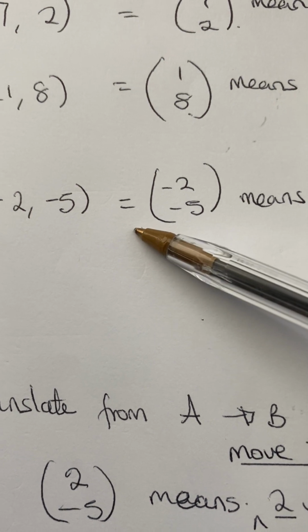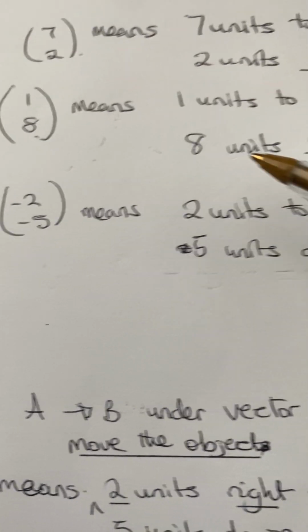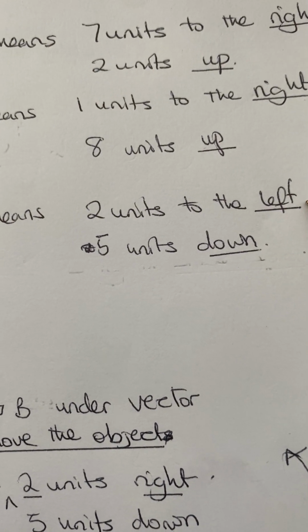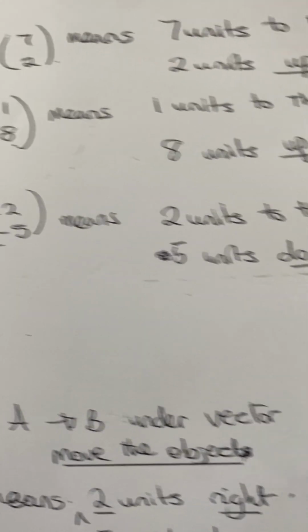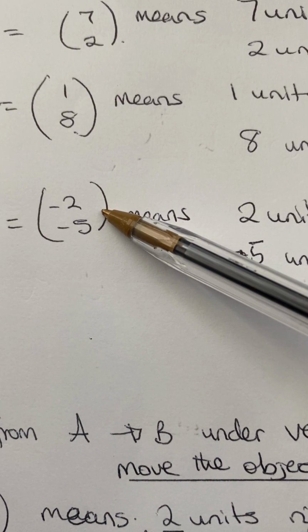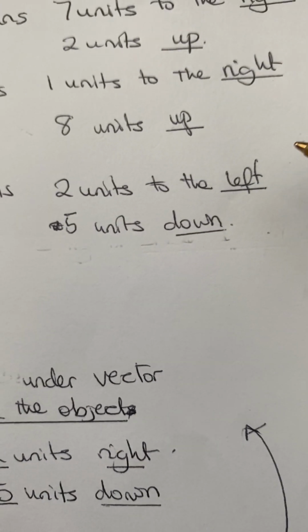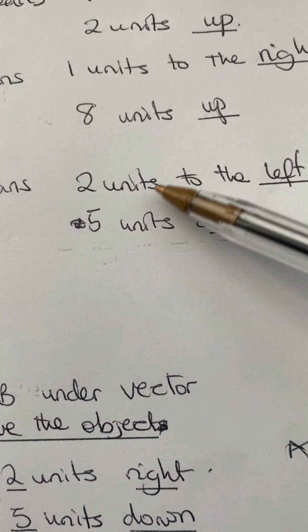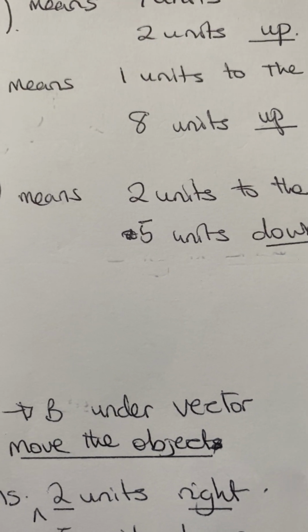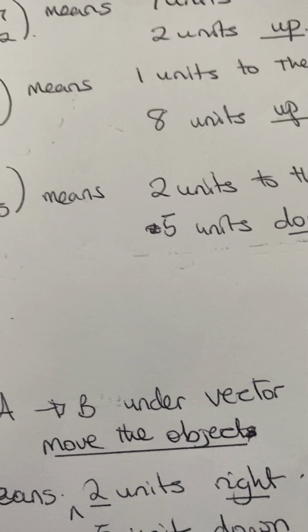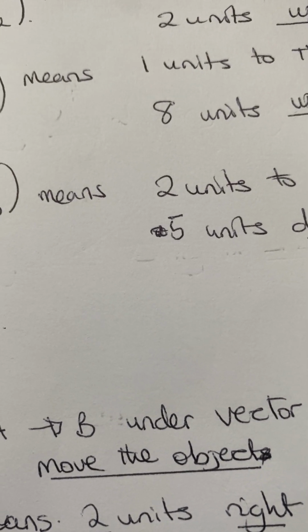So that is basically translation. -2 minus 5 means 2 units left. That will be the vector for -2 minus 5, so 2 units left, 5 units down. When I do examples with you, you will understand.